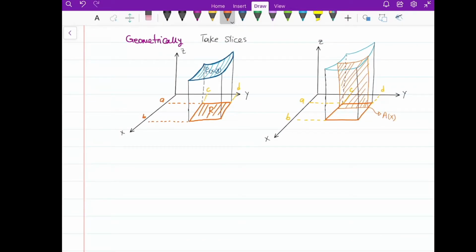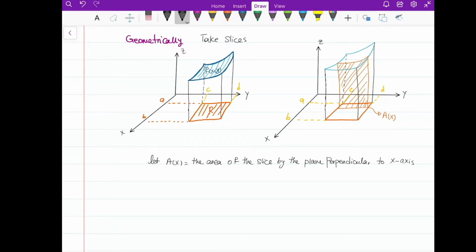So let A of x be the area of this slice that we get by the plane perpendicular to the x-axis.